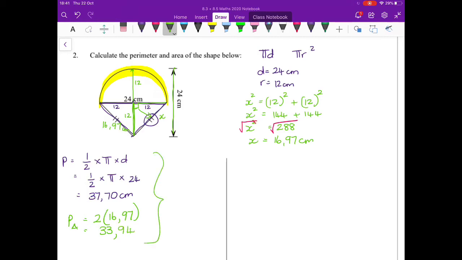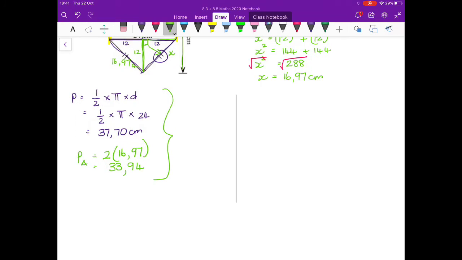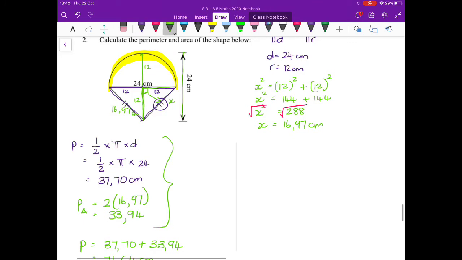To get the total perimeter, I'm going to add the two together, so perimeter equals 37.70 plus 33.94. If I add them together, I'm going to get 71.64 centimeters.